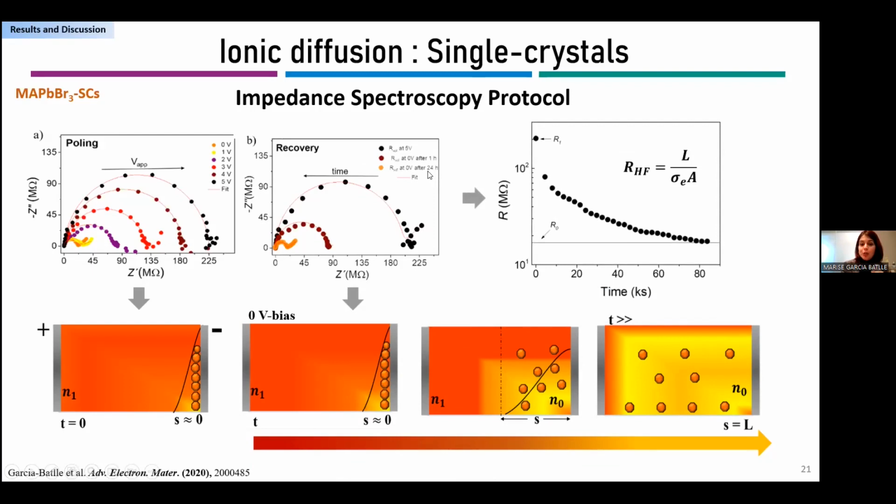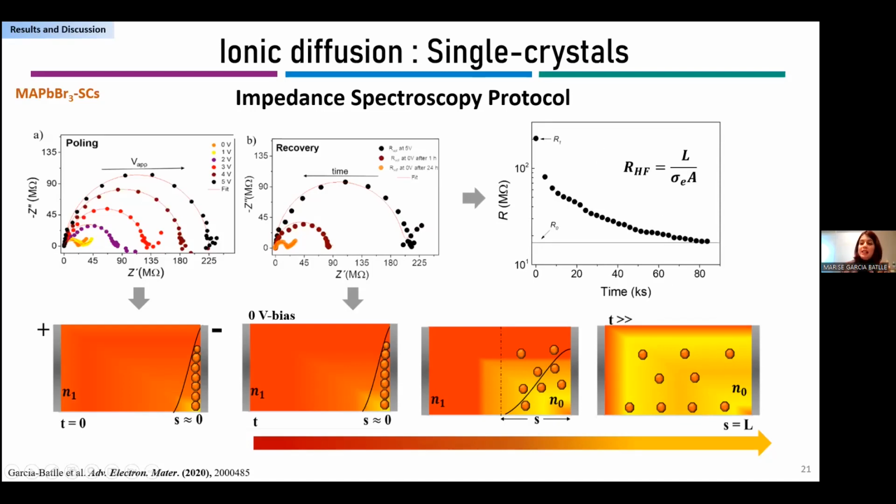After 24 hours, we can see how the resistance relaxation is at this value of resistance. So basically, with this relation here, the high frequency resistance, we can observe that this resistance changes maybe by one order of magnitude.